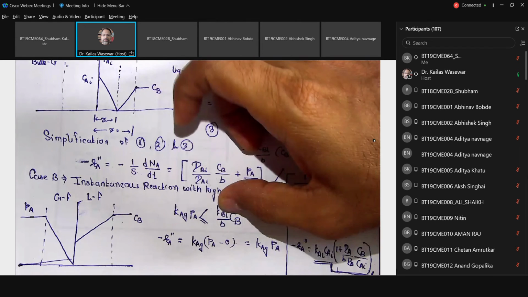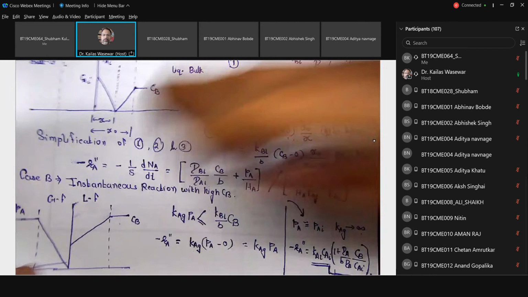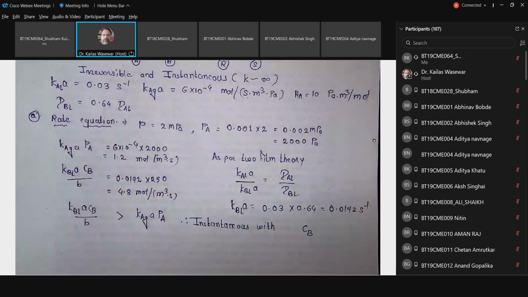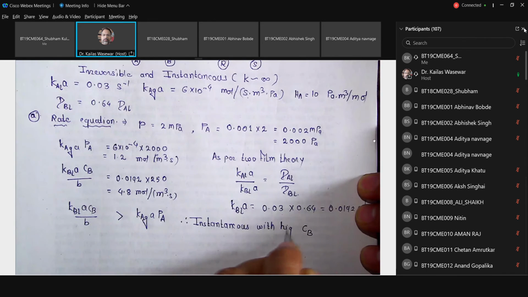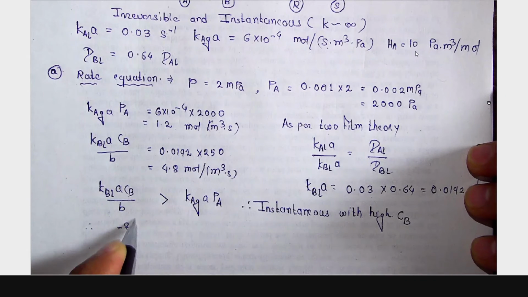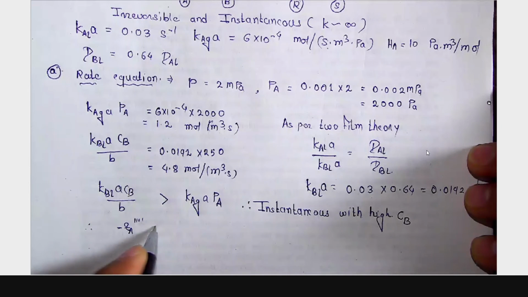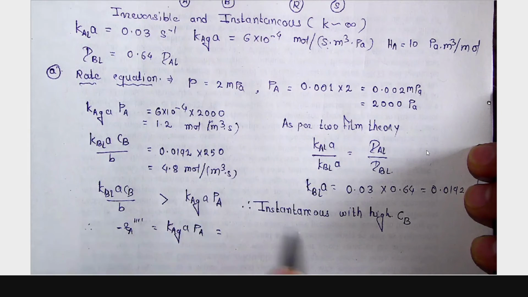Because of high CB, this will be 0 at the interface and this will be KGPA. So therefore, rate expression will be what? Remember, R prime is representing per unit volume. So it will be KAGA into PA. So we have already calculated. So it is 1.2 mole per meter cube second.